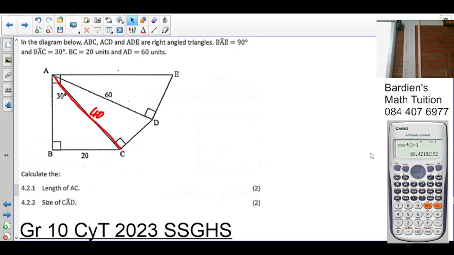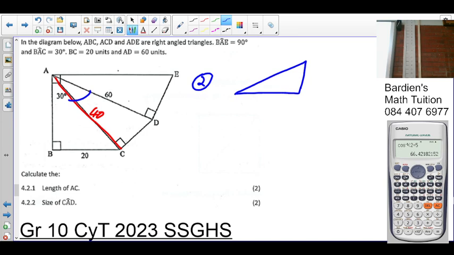Number 2, they want you to calculate angle CAD. CAD, this angle here. So you should see a triangle like this now. This is 90, that is CDA. This is the angle they want you to work out, but you've got AC, which is 40, and that is 60. Not so. Which trigonometric function is adjacent and hypotenuse?